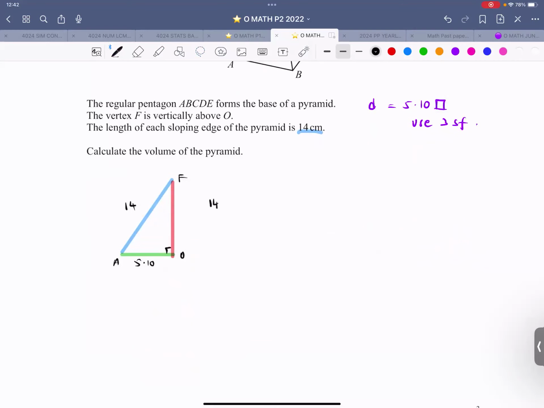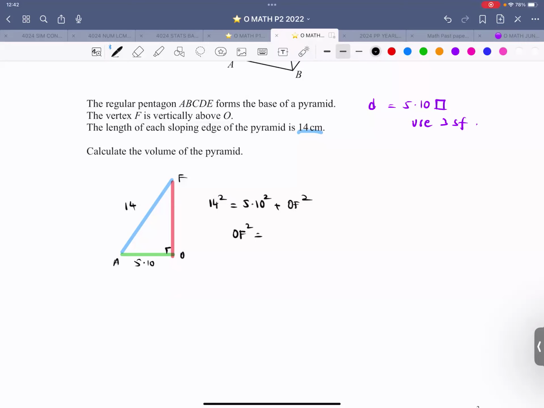So therefore, 14 square is equal to 5.10 square plus OF square. So OF square would be, let me use a calculator. 14 square is 196. So 196 minus 5.1 square. And this comes out to be this thing.